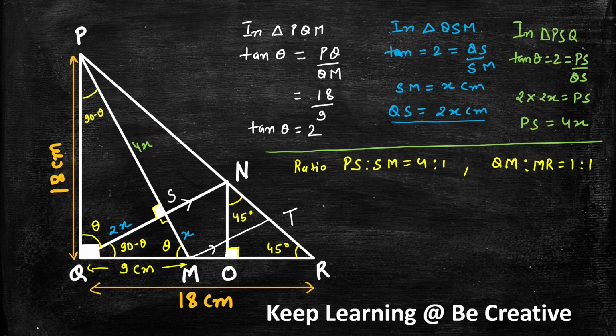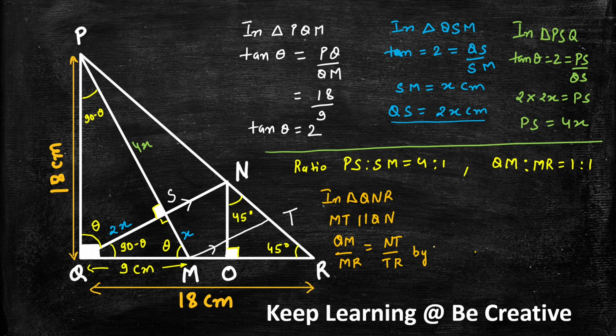Now the next important step, this is the second last and last step. So I will apply in triangle QNR. As you can see that MT is parallel to QN, so what I can write is that the ratio QM to MR will be equal to the ratio NT to TR, and this is by BPT, the basic proportionality theorem, that I have applied.